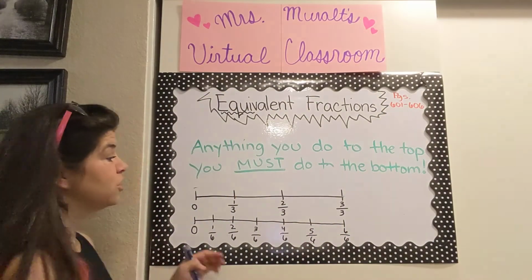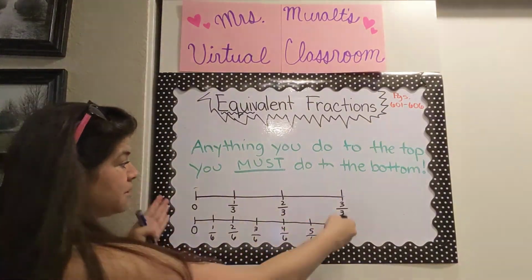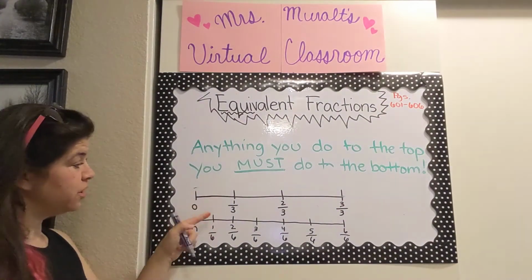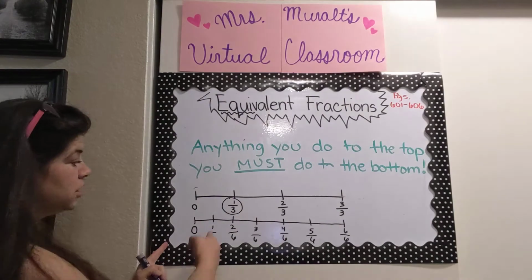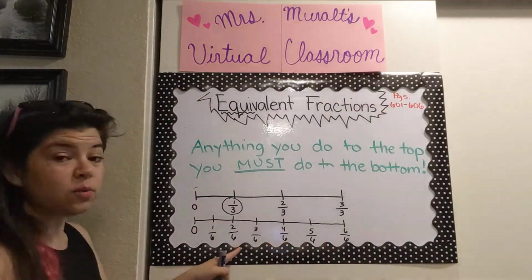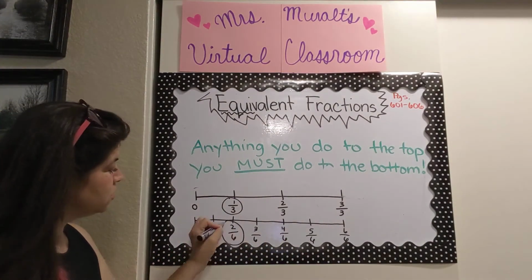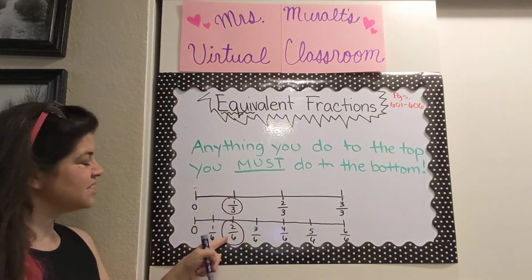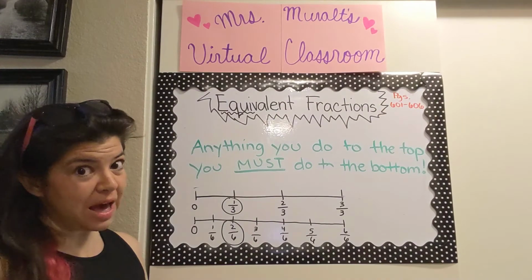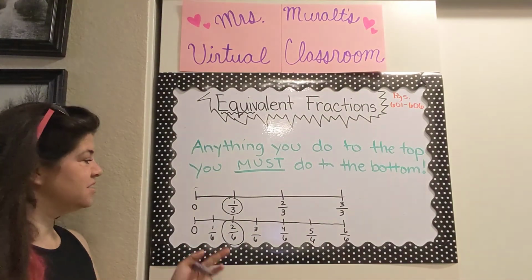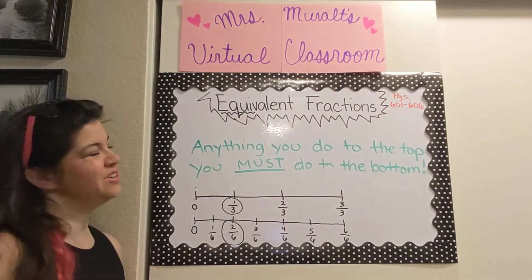In order for this to work, your number line has to be the same size. So here we go. Kwan said 1/3, and if you look, if you have 6 notches, that 1/3 lines up with the 2/6. So you can see we used our fraction tiles, we used our math, and now we're using number lines. And we got the same answer all 3 times.